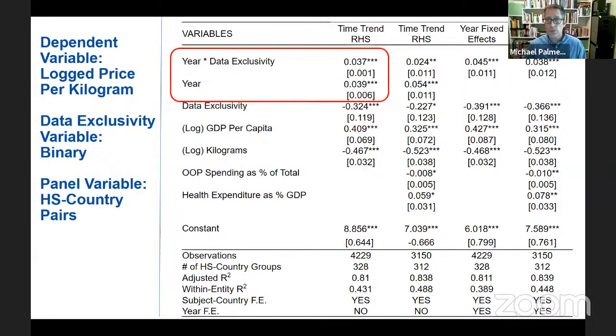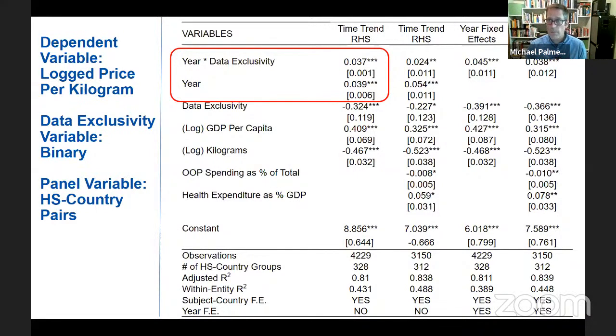And if we look at the first column, this shows the results with the overall time trend as an independent variable. And we'll start by looking at countries without data exclusivity. Now, the coefficient on year is 0.039, which means countries without data exclusivity each year saw, on average, drug prices grow by 3.9%.